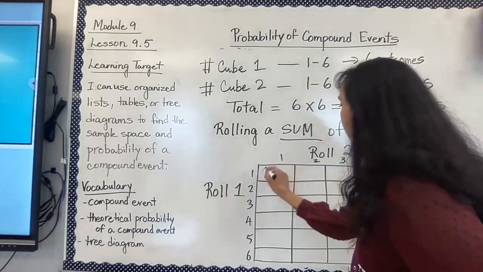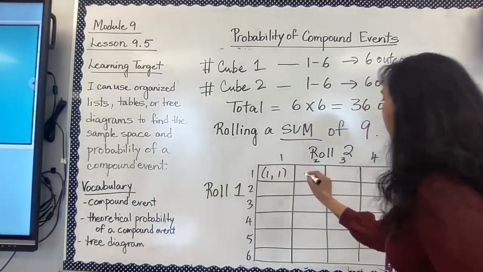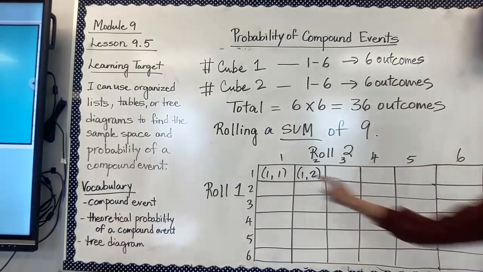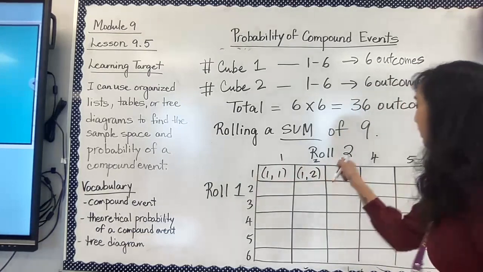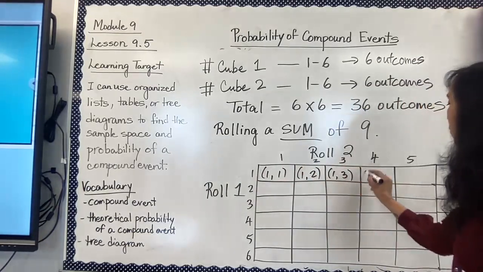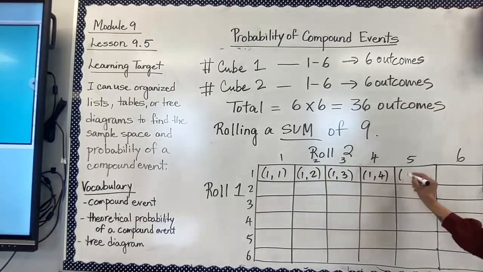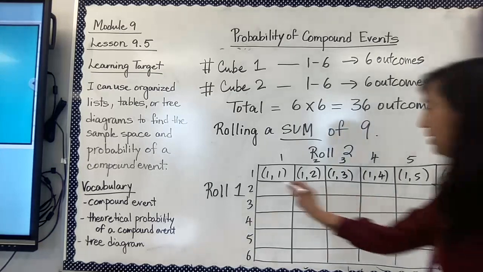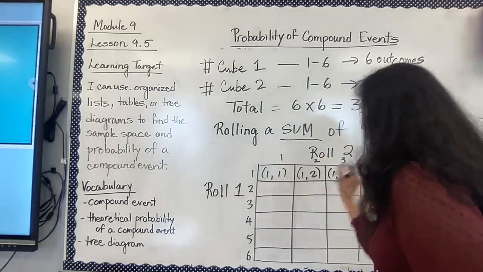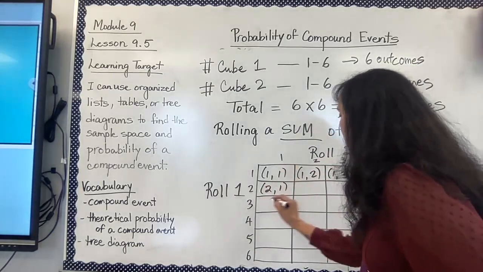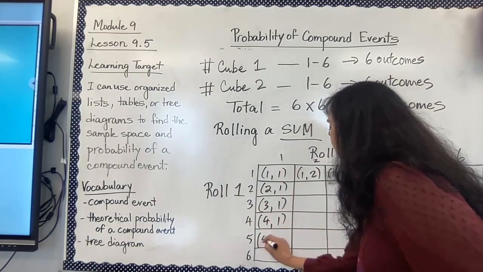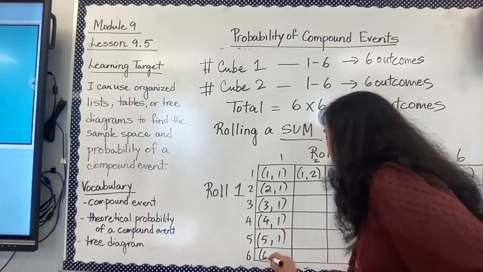I can get 1 and 1. I can get 1 and 2. Okay, do you see what I'm doing? 1 and 1, 1 and 2, 1 and 3, 1 and 4, 1 and 5, 1 and 6. Okay, and then same thing here, 2 and 1, 2 and 2, 2 and 3. So I'm just going to go ahead and do this, 2, 1, 3, 1, 4, 1, 5, 1, 6, 1.